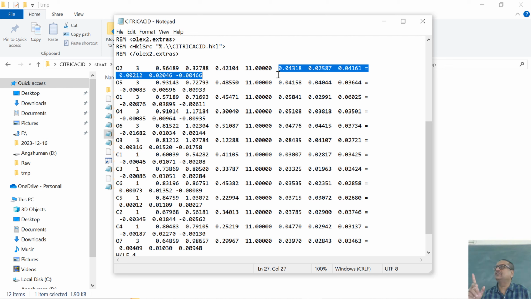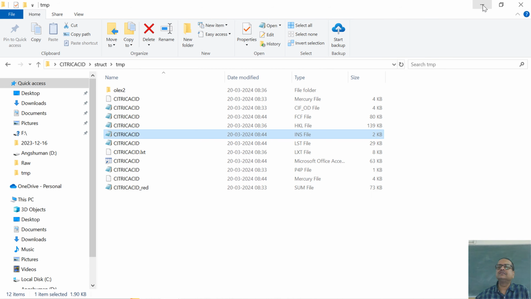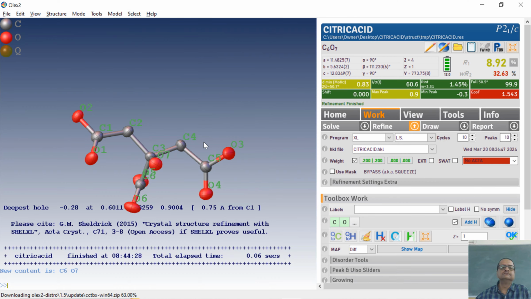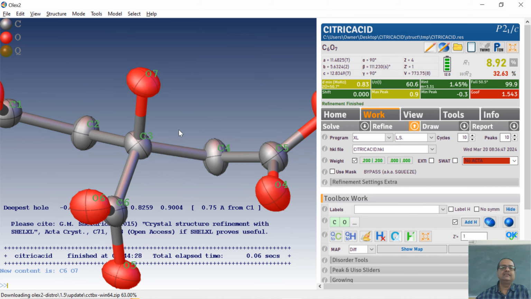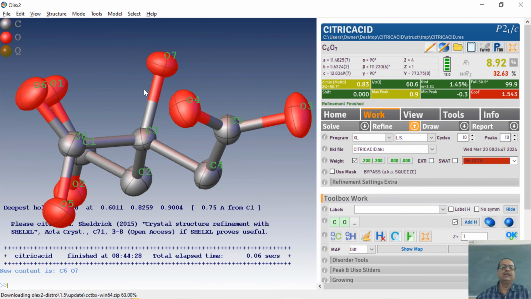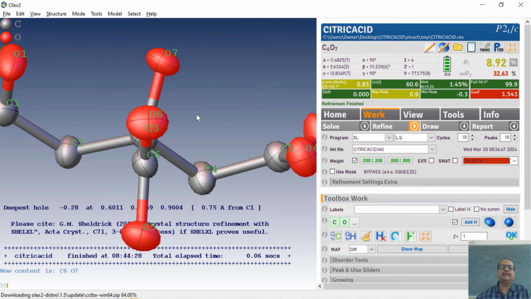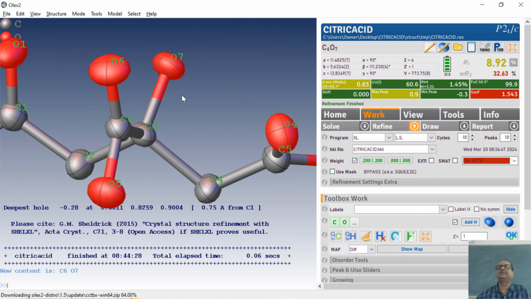So one number has now become 6 numbers, which defines the shape of the ellipsoid. If you look at that, you see these are all well behaved ellipsoids. In some cases, you may end up seeing that some ellipsoid is becoming flat, some ellipsoid is becoming like a rugby ball. Those indicate that there might be a problem in the data. One has to then treat those ellipsoids accordingly.